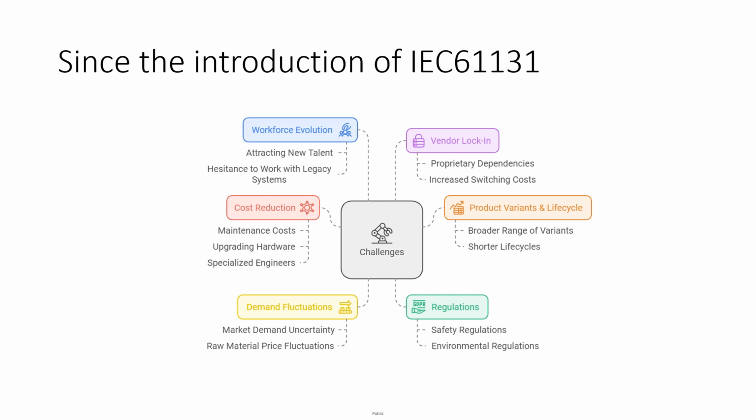Finally, as mentioned before, IEC 61131 tends to tie end users to specific vendors due to proprietary hardware and software dependencies. This lock-in increases switching costs and limits the flexibility to select the best technology for a given application.